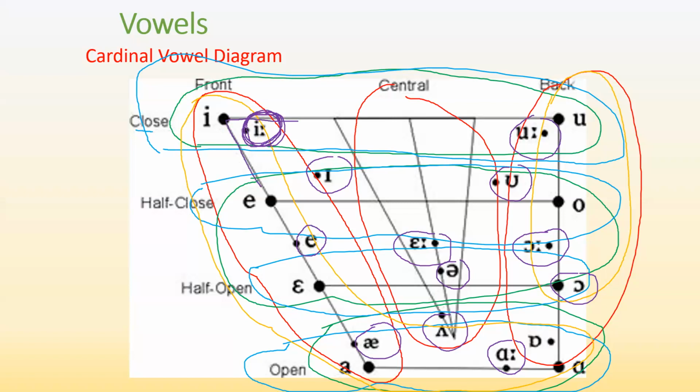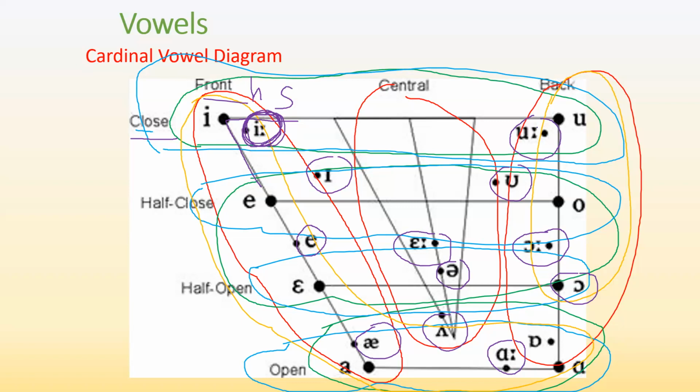Whatever sound you locate in this corner should be a front vowel, a close vowel. What are the other two? Should be a high vowel, right? And also a lip spread vowel. These are the 4 features represented by this corner. So the vowel E has these 4 phonetic features.